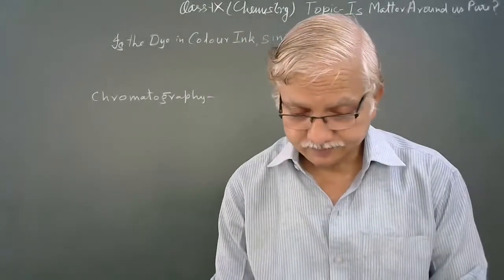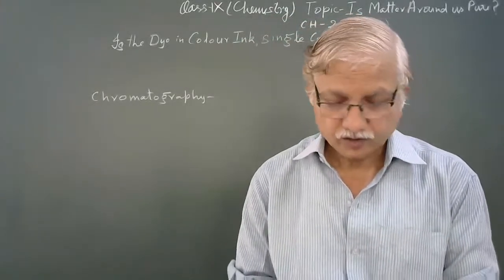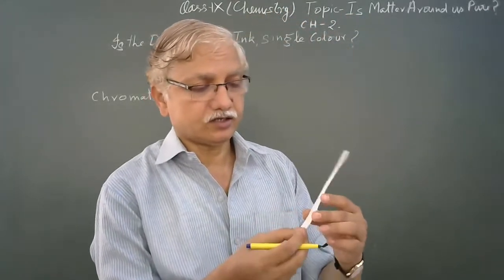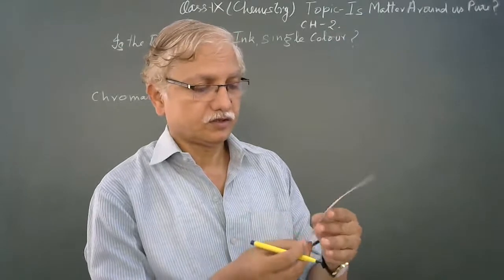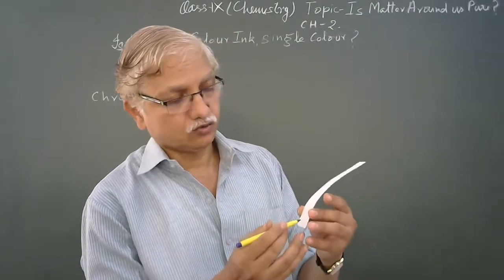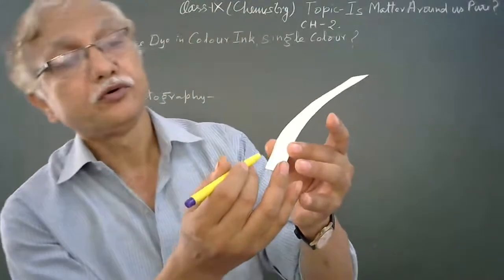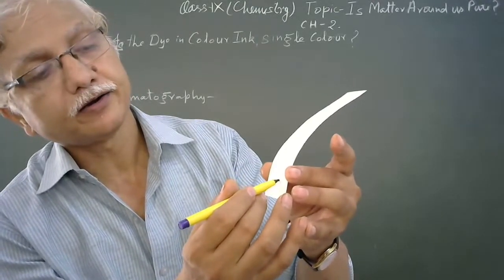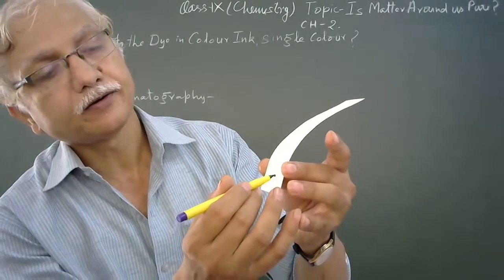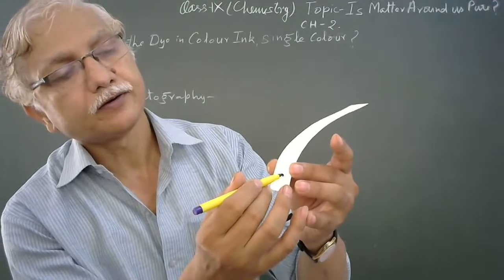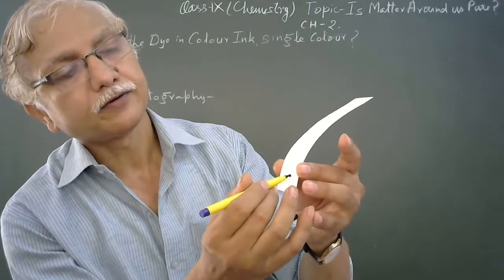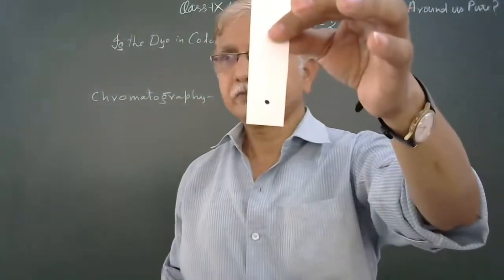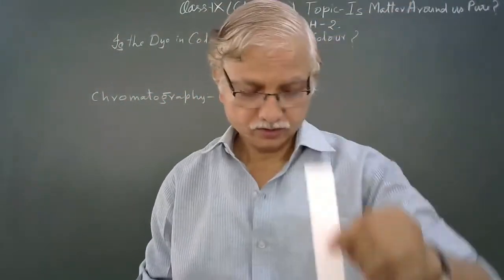And then, suppose you take this purple color and at the bottom on the line, you put a drop on the center of the line. You see this dot? Purple color dot.